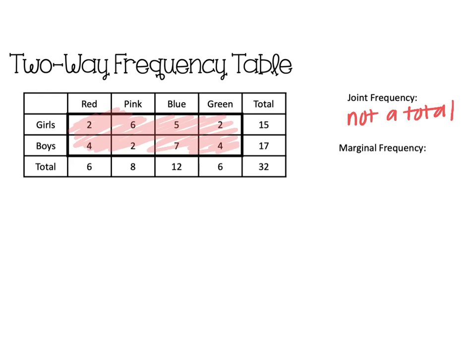A marginal frequency is anything that's a total, or anything that appears in the margins or outside edges of your chart. And we can use frequency tables to talk about percentages, about ratios, anything that would look at how many occurred out of a total number.